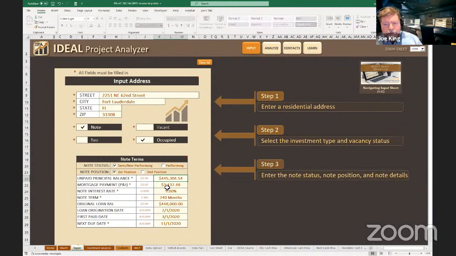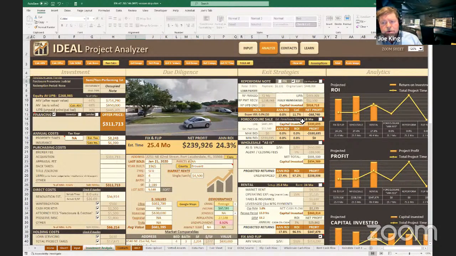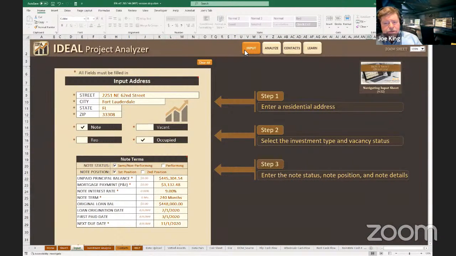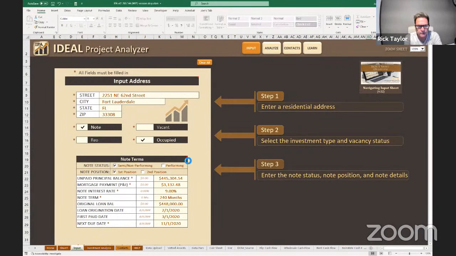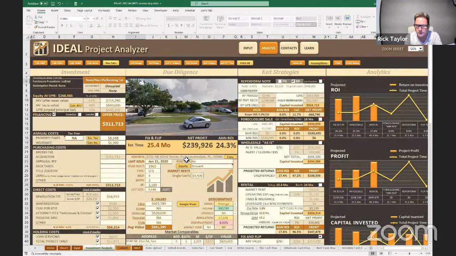Whatever, you can change everything here. And then you can come back to the analyzer sheet and take a look at it from that standpoint to see what position that puts you in. And you can see here in this case, it really messed up our annual return on investment just by taking it to. Joe, would you run it under note and occupied, or just REO?